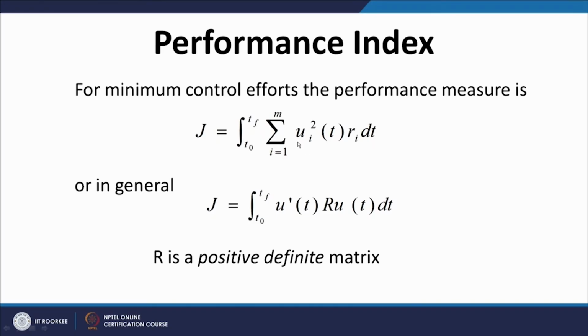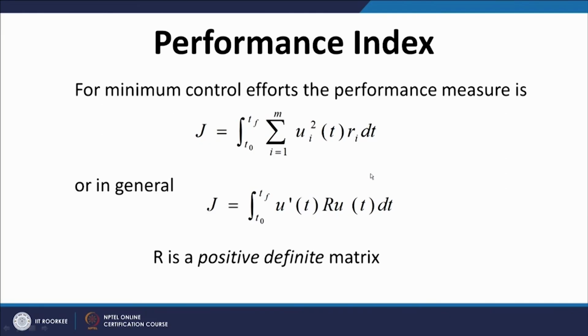So, if there are a number of inputs, I can take J as sigma of ui square, meaning u1, u2, up to un. In general, if u is a vector of say m cross 1, then u prime Ru I can write as my performance criteria which I want to minimize, meaning I want to minimize the control efforts. In this, R will be a positive definite matrix.